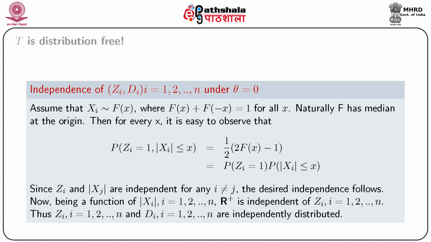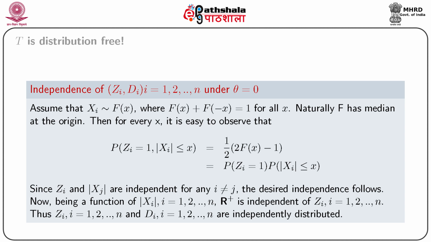Now we shall show that the vector Z1, Z2 up to Zn and the vector D1, D2, up to Dn are independently distributed under theta equal to 0. Under theta equal to 0, the Xi are IID with distribution F, where F(x) plus F(minus x) equals 1 due to symmetry.